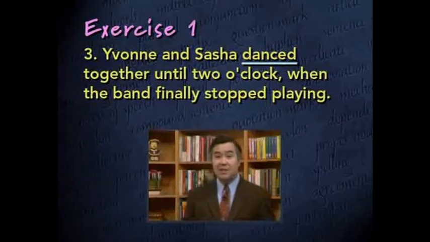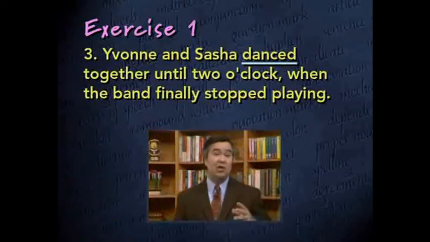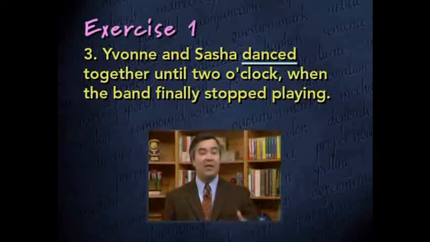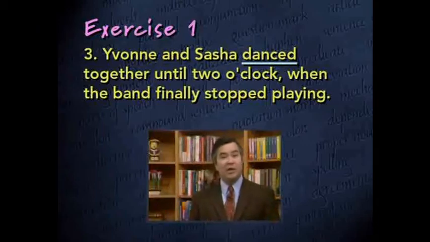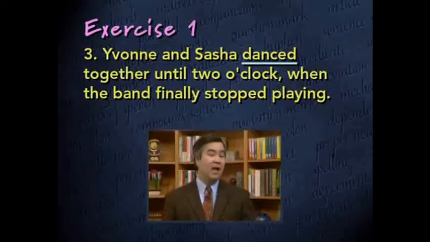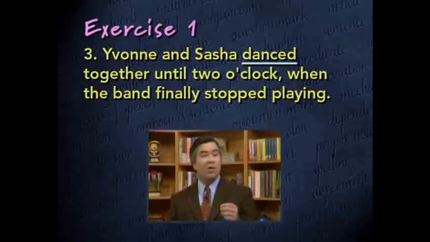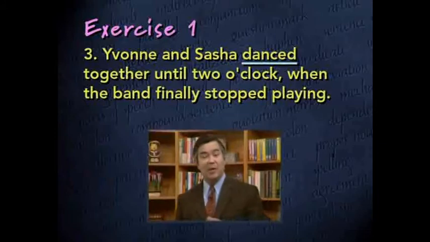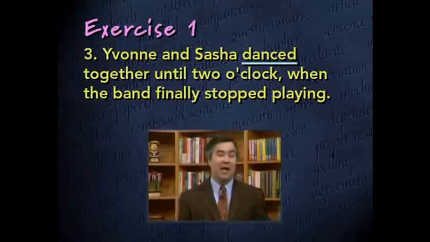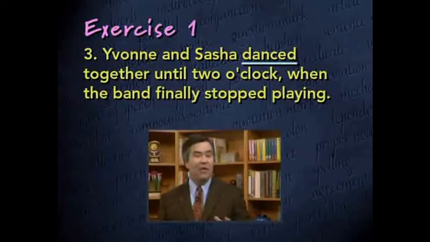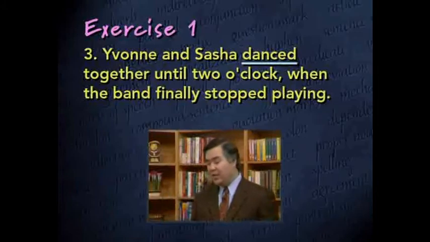Not in this sentence. We're being told that they danced together. That tells us how they danced. And we're being told that they danced together until 2 o'clock, which is a little more information about how they danced. The word together is an adverb because it gives more information about or modifies the verb danced. It tells us how they danced.